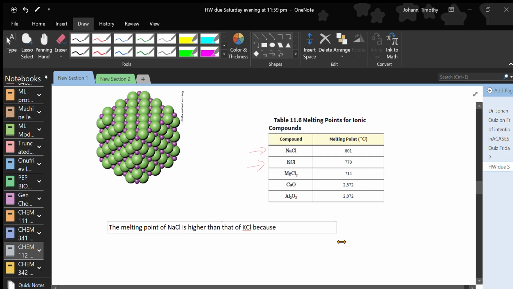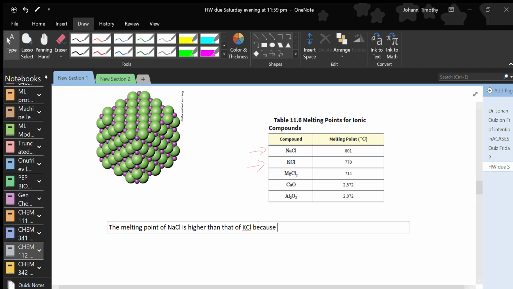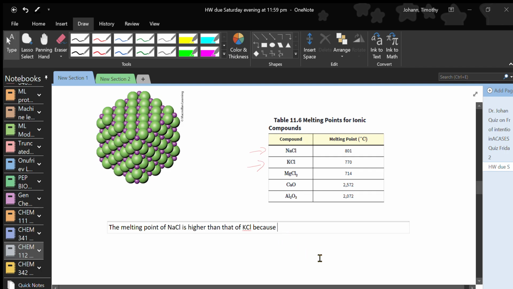All right, somebody want to give me an explanation for that? Go ahead. It has to do with the fact that potassium has a larger radius than sodium, and so there's a much further distance between the chloride ions and the potassium than there is between the sodium and the chloride. Mhm.